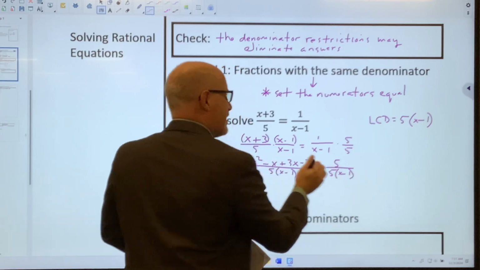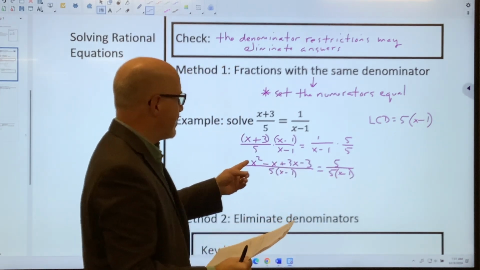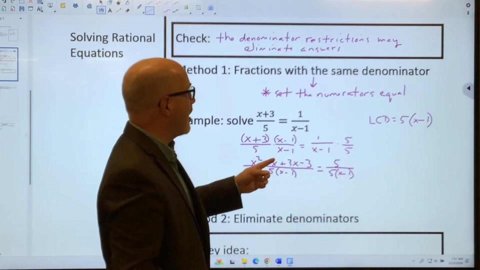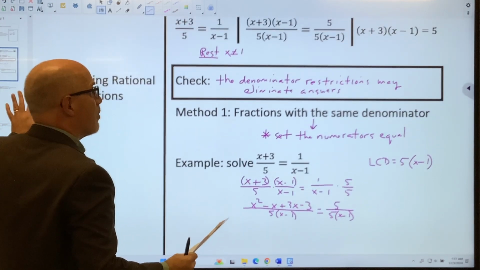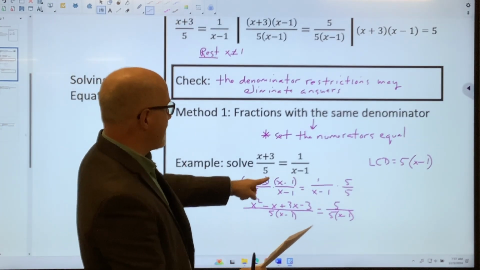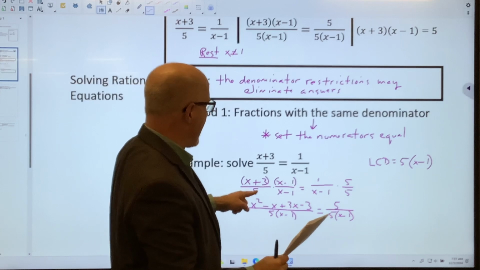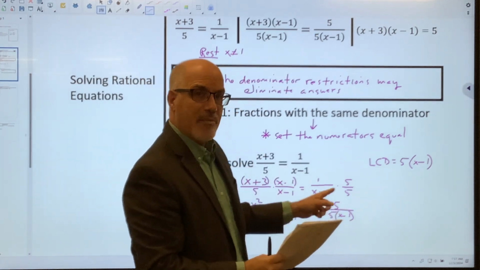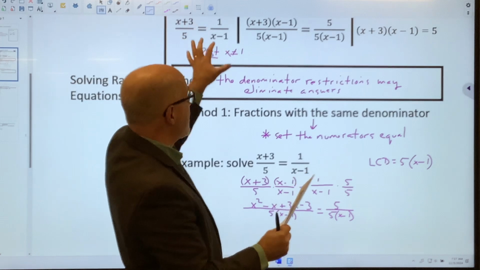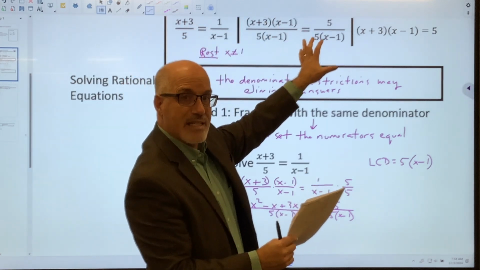Now when I simplify this, I'm going to get that middle equation up here. I had this times this over that common denominator equals 5 over that common denominator. So this is where we started, and this became the next step.